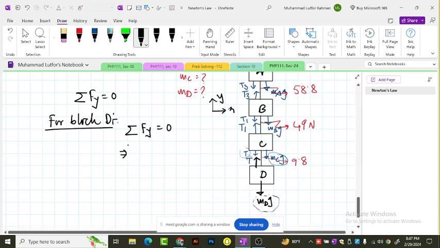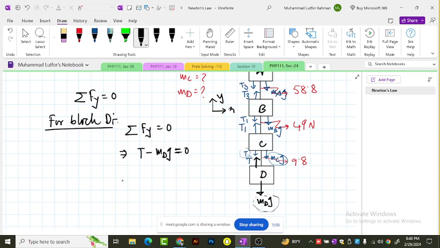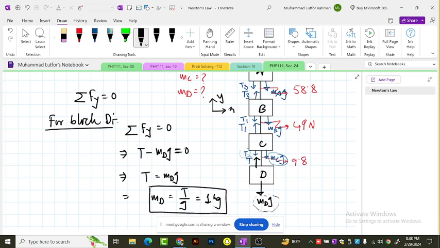Then I might write over here, T minus mdg equal to 0. Can I write this one? Yes, sir. Then md would be simply T divided by g, and T is 9.8, g is also 9.8. I find the mass of this block D would be simply 1 kg. Do you understand?